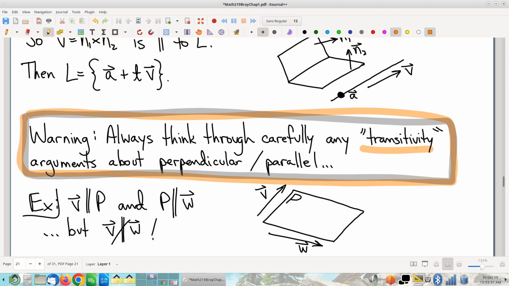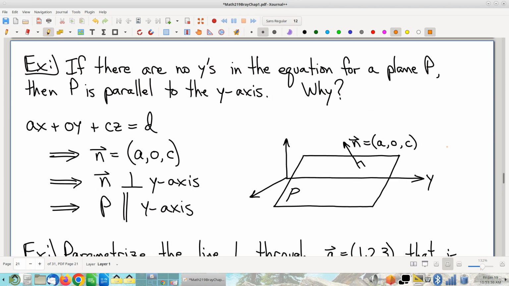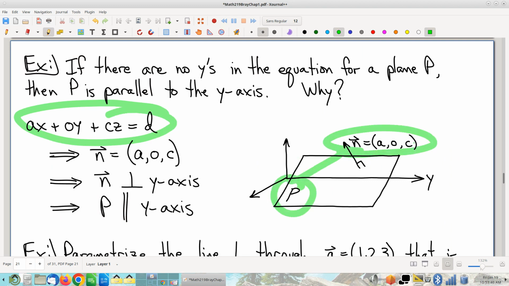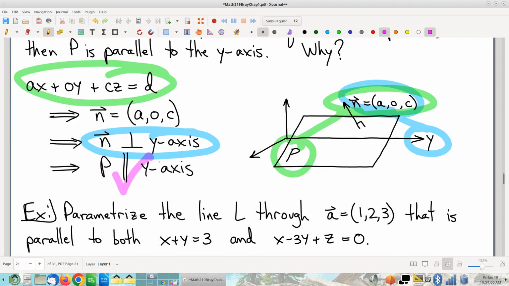Right? So, for example, in this first example we talked through, I started off by observing a relationship between the plane and the normal vector, and then I concluded also a relationship between the normal vector and the y-axis, and then from that, using the picture, I said, okay, well, then I guess we must have a relationship here between the plane and the y-axis.